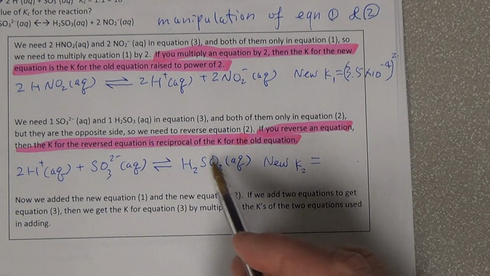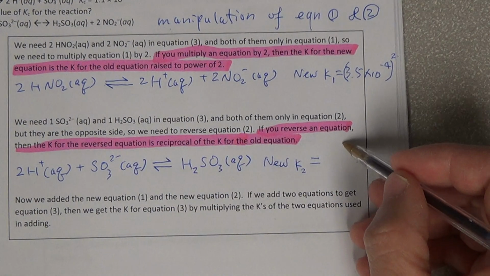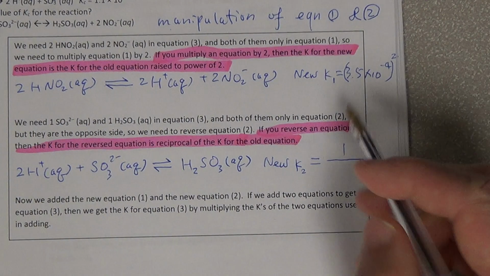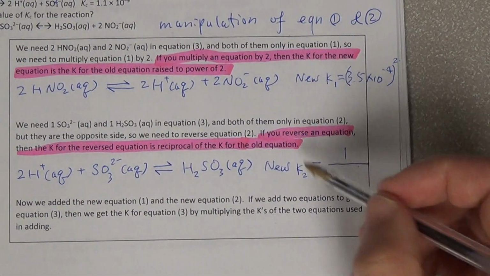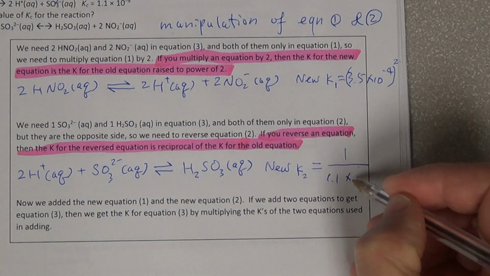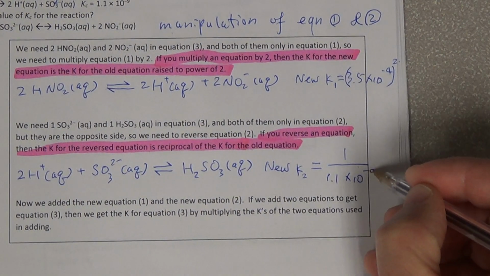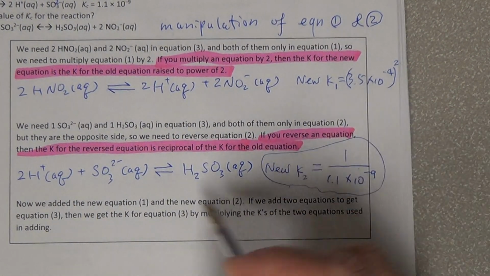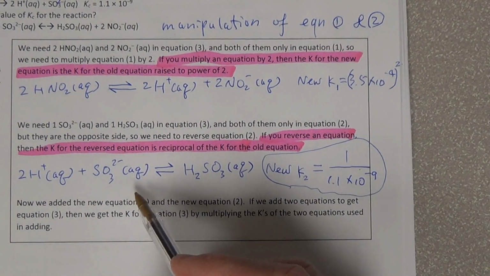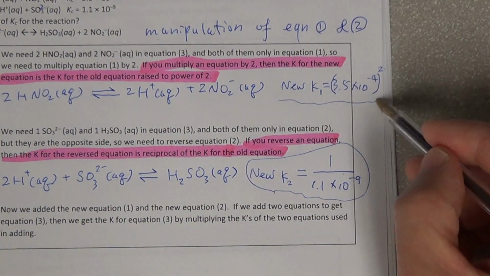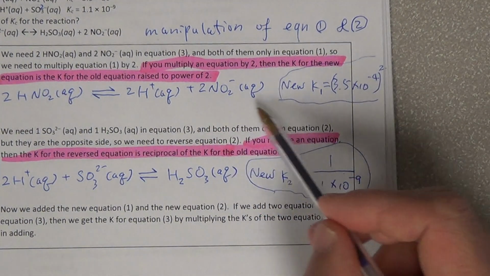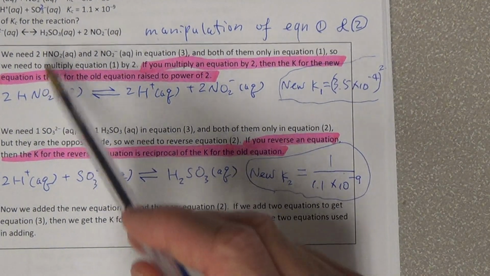So this is the reciprocal, which means 1 divided by the old K. The old K for equation 2 is 1.1 times 10 to the negative 9. Now all together, this will be the new K2 for this reversed equation 2. And the new K1 is for the new equation 1, made by multiplying the old equation by 2.